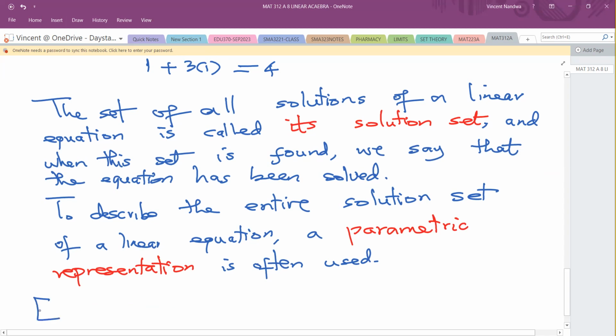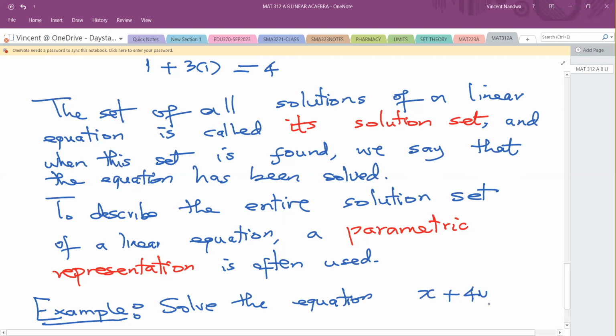So in form of an example, solve the equation x plus 4y equals 8.